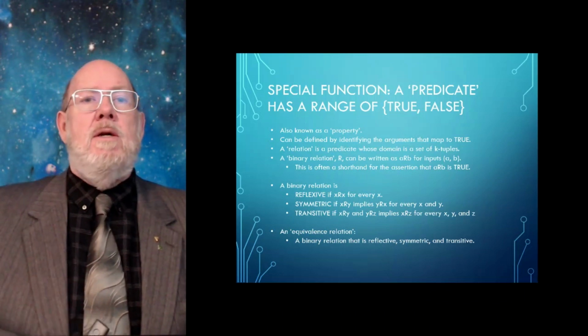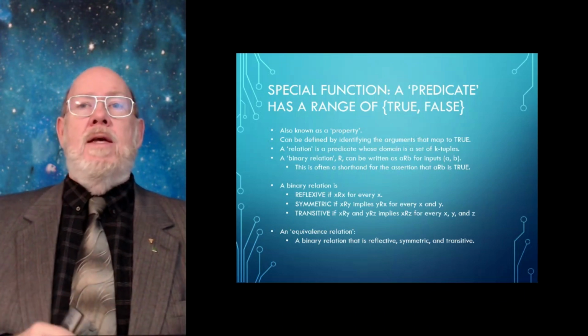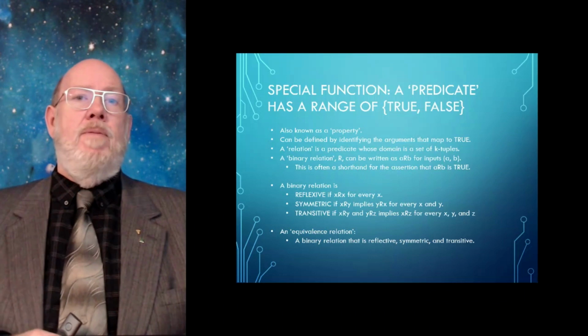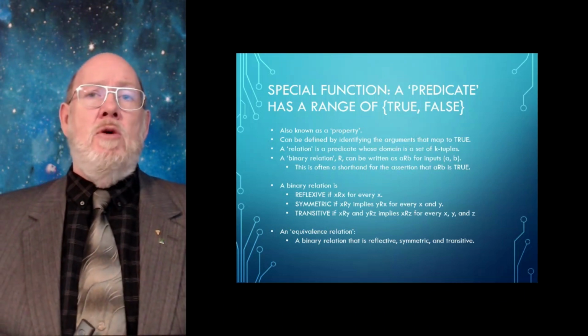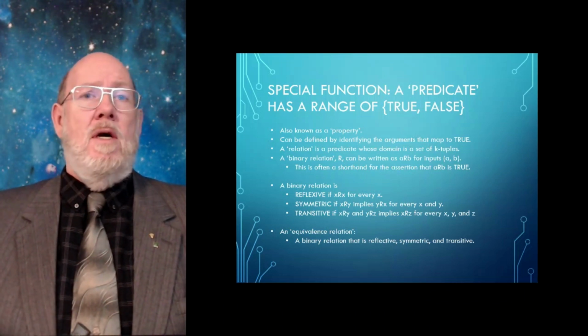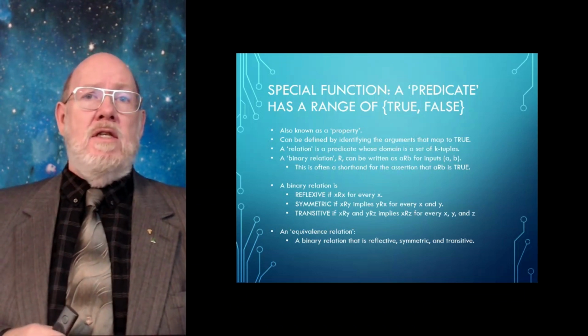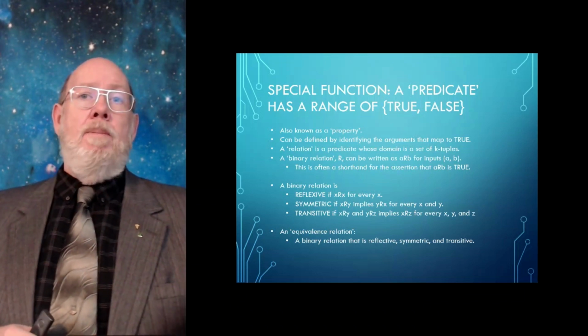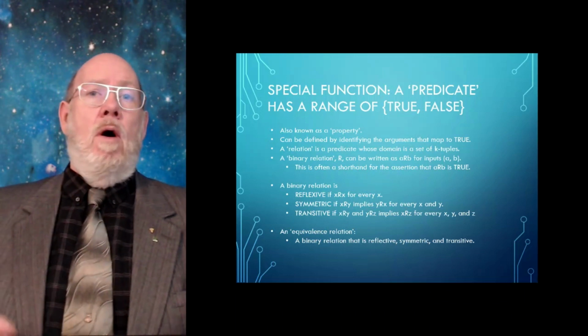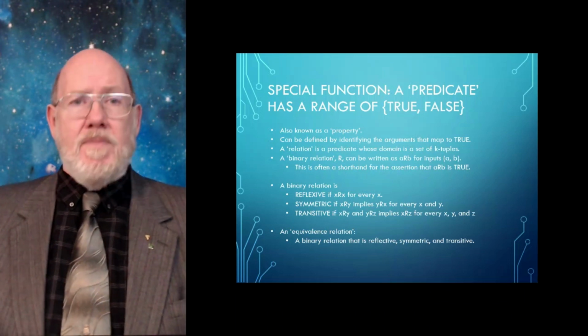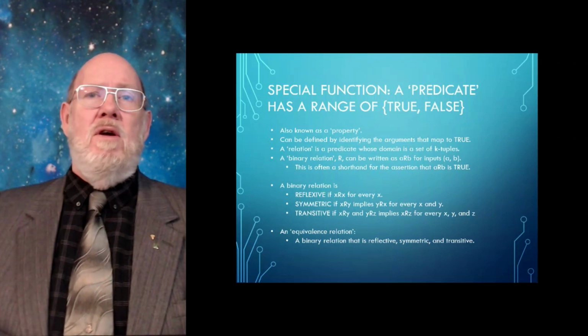A relation is a predicate in which the domain is a set of k-tuples. If it's a binary relation, its domain is a set of ordered pairs. As before, we can then define this relation by listing all instances for which A R B is true, where R is just the name of the function. Don't let this be confusing.